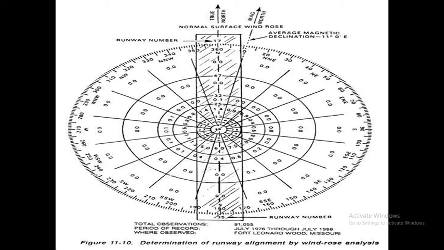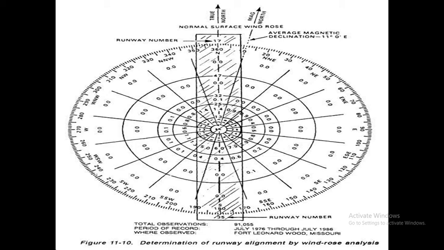What is the procedure for determining the orientation of runway from this type of Windrose diagram? First step, draw 3 equispaced parallel lines on a transparent paper strip in such a way that the distance between two nearby parallel lines is equal to the permissible crosswind component.